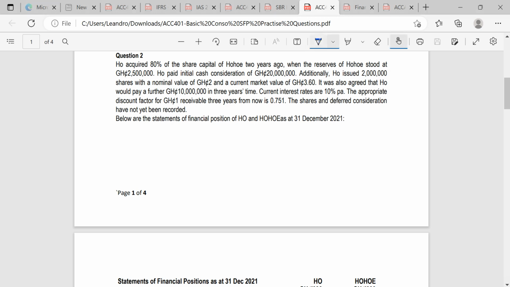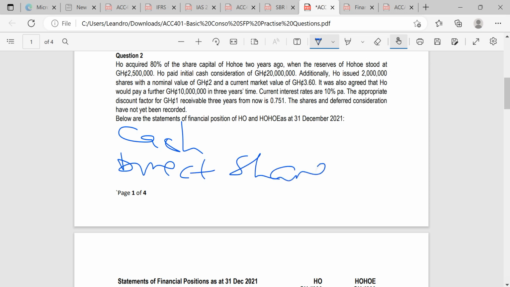So in this question, you have cash, direct share issues, and then deferred consideration. So they will pay 10 million in 3 years' time.